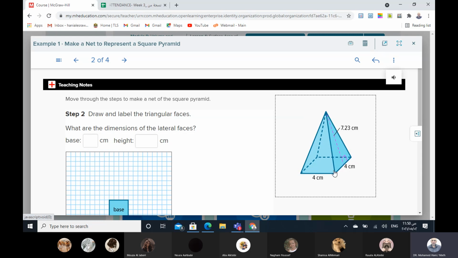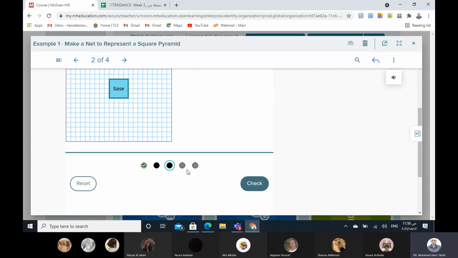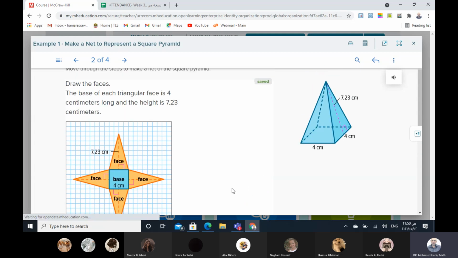As you see, we have the base 4 and we have the height 7.23. So these are the lateral faces: the first one, the second one, the third one, the fourth one. So this is the net of this pyramid.